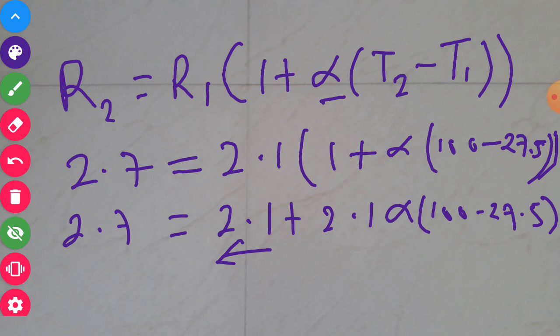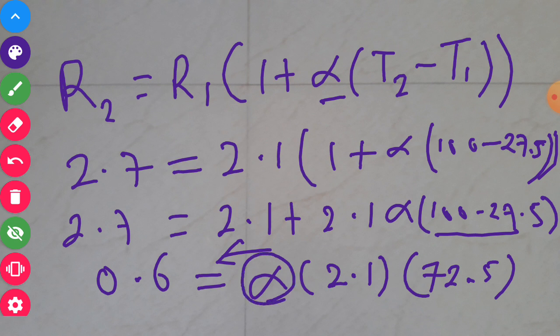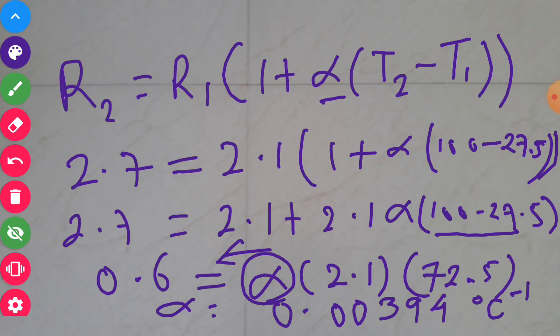It becomes 2.7 minus 2.1, so it becomes 0.6, and that is equal to alpha into 2.1 into 100 minus 27.5, which is nothing but 72.5. Make alpha the subject of the formula. You will get its value to be 0.00394. Alpha you will get 0.00394 degrees Celsius inverse. So it is easy.